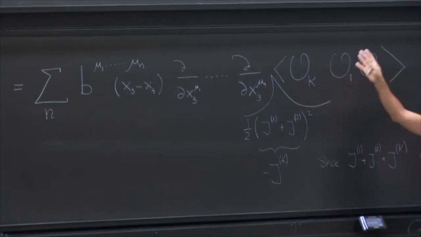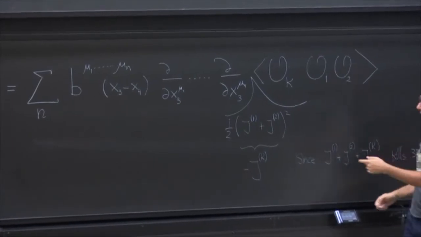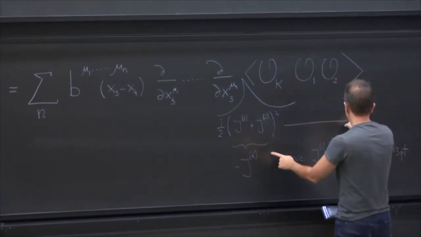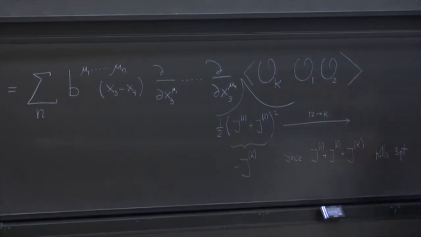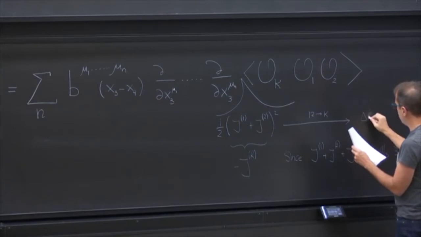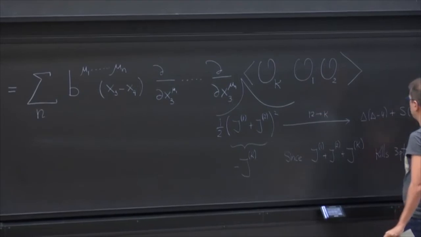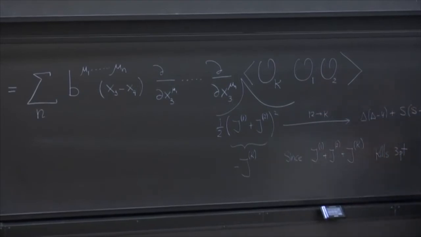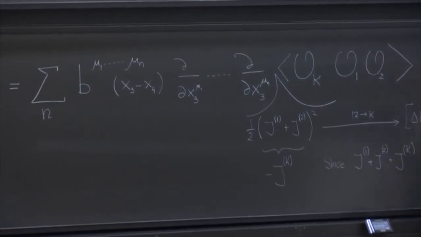If I have a 3-point function and I rotate everyone, I'm doing nothing. So I can trade the action on these by action on JK. When I replace 1, 2 by K, it will just give me the value of the Casimir there. So this will just give delta minus 4 plus spin plus 2 on the one hand. So on the one hand, we conclude that this object just generates this number times the conformal block.